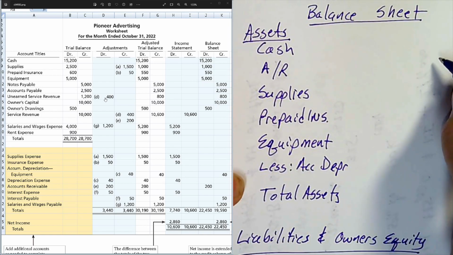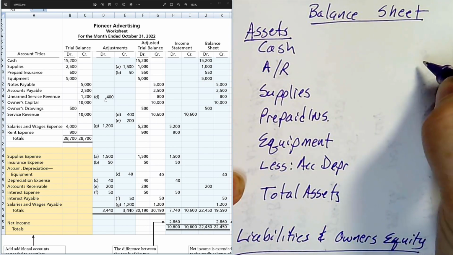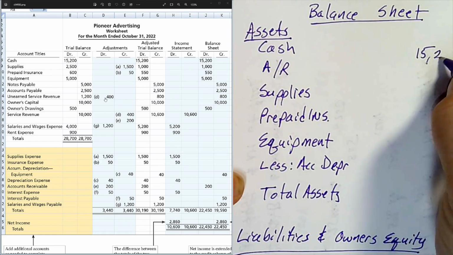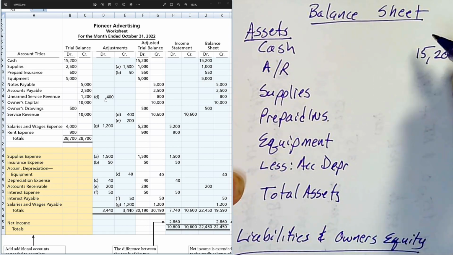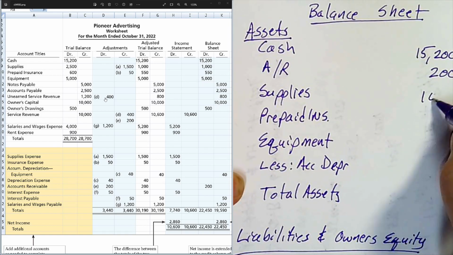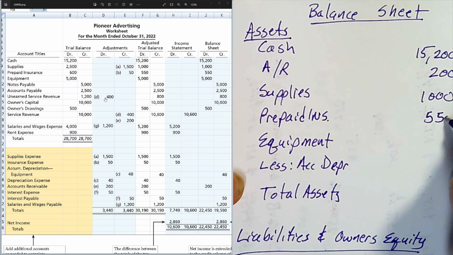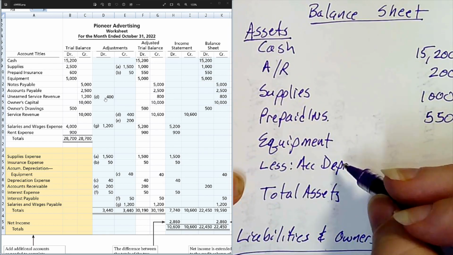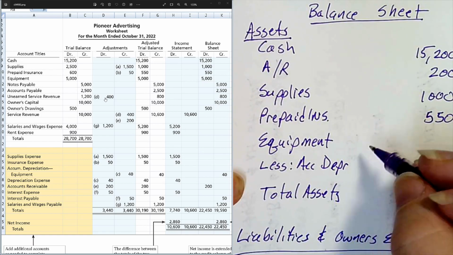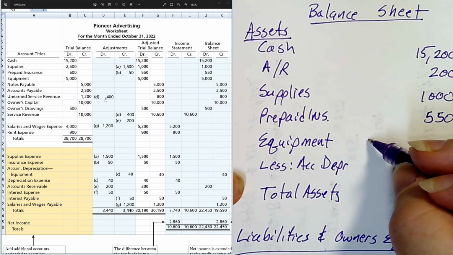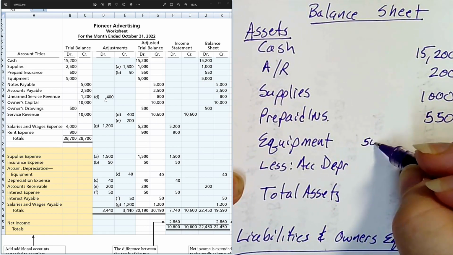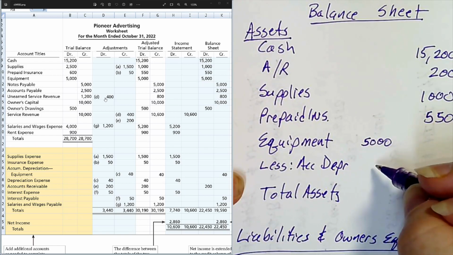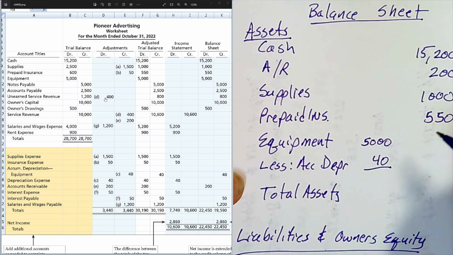So we've got cash here. We have accounts receivable. We have supplies. We have prepaid insurance. We have equipment. And because we have this little odd thing, the accumulated depreciation, this is basically a subtotal. So it's 5,000 less the amount of depreciation, which is going to be 4,960.